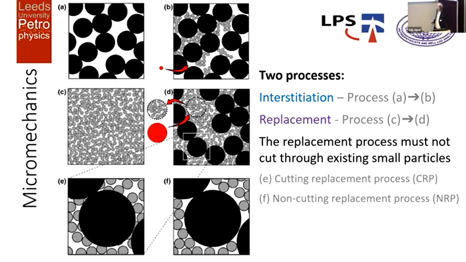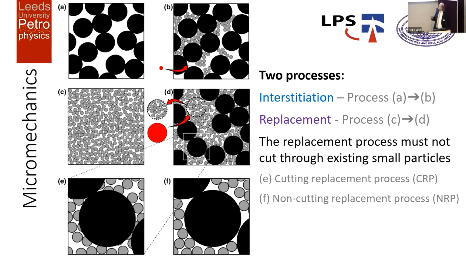So looking at this in a little bit more detail, these top two diagrams show the interstitiation process, where you have the space between the large grains being filled by small grains, and therefore reducing the porosity. And the second two down here, C and D, show the replacement process, where you end up actually having to cut out a certain amount of small grains in order that a large grain can go in its place.